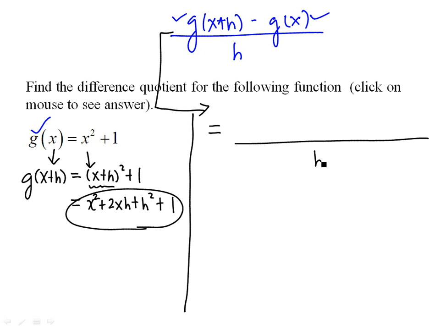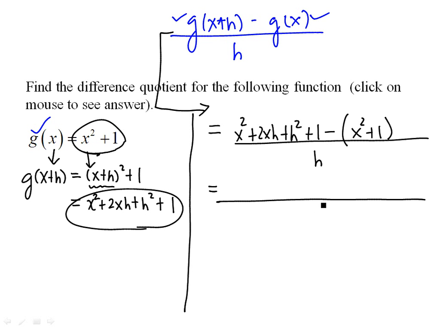So I'm going to say x squared plus 2xh plus h squared plus 1 minus, I always put a parenthesis, g of x equals x squared plus 1 right here. Now I'm going to rewrite everything back over, but making sure that I change the signs when I get to this parenthesis.